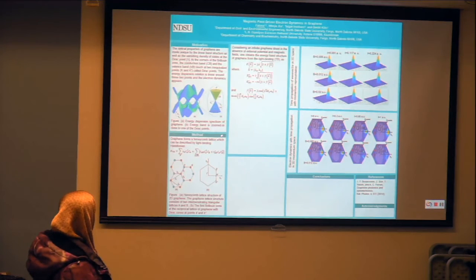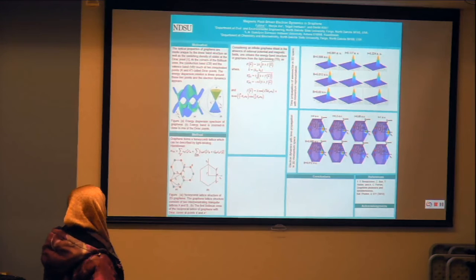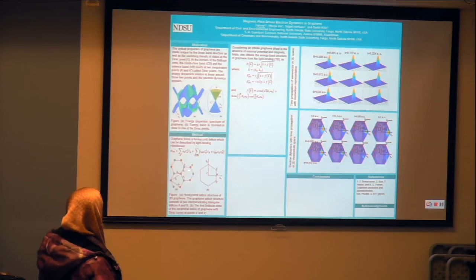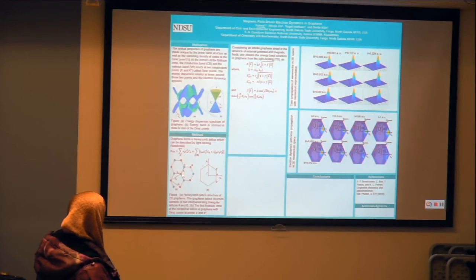In the methods, there are more equations. I will put them here later on. Since graphene has a honeycomb triangular lattice structure, it can be described with the tight-binding Hamiltonian equation. Here it shows the graphene lattice structure.